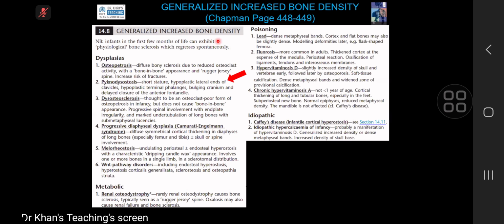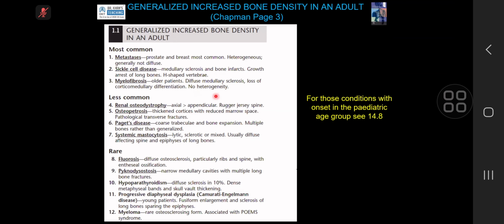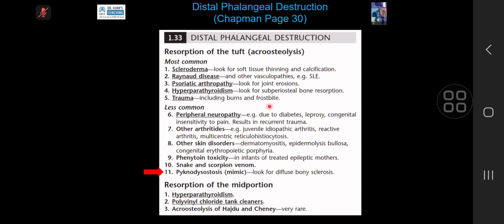That is why pycnodysostosis comes under generalized increased bone density. Once again, there are hypoplastic lateral ends of the clavicles and hypoplastic terminal phalanges. This is also seen in adults, for the simple reason that the same patient will become an adult. And distal phalangeal destruction is there in pycnodysostosis.